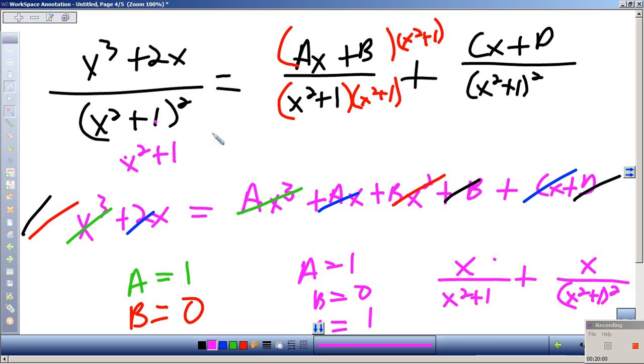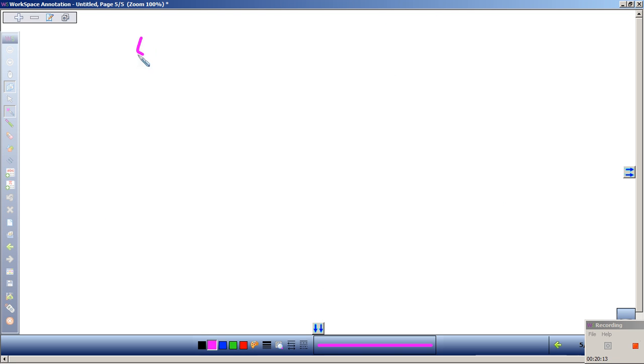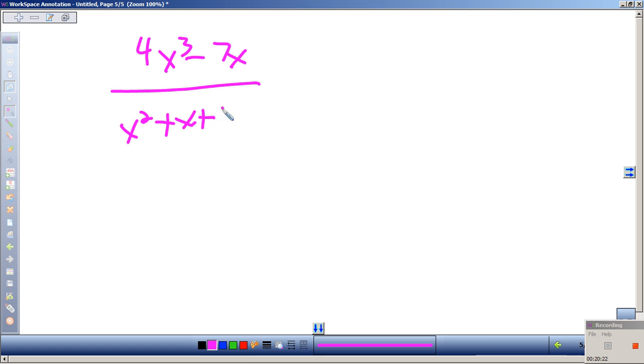Let's see. Do another one of these. 4x cubed minus 7x over x squared plus x plus 1 squared. What should we do? First question is, is this improper? What's the power on top? 3.